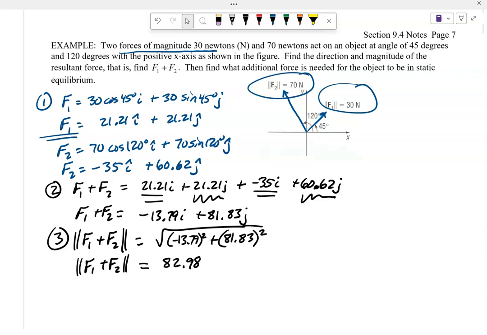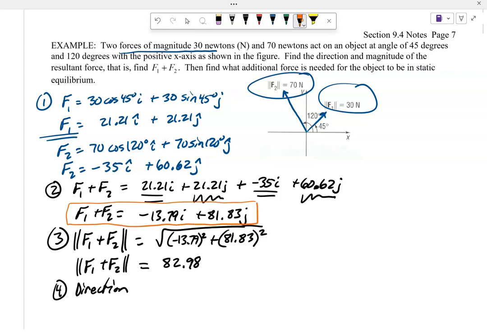All right, now how to find the direction of this resultant force. Let me highlight this. Here's the resultant vector, right?